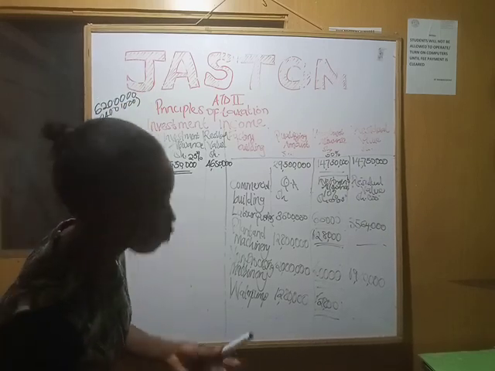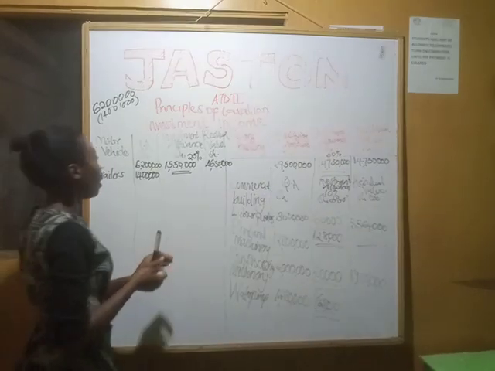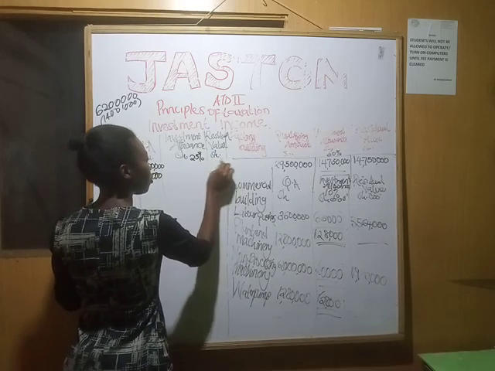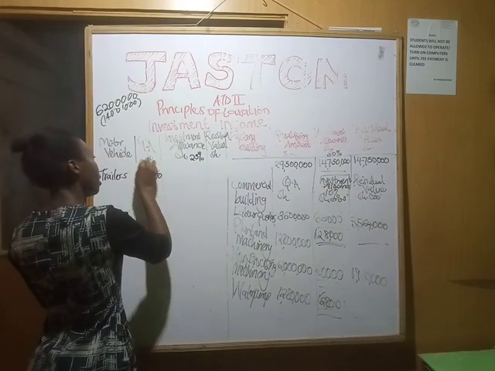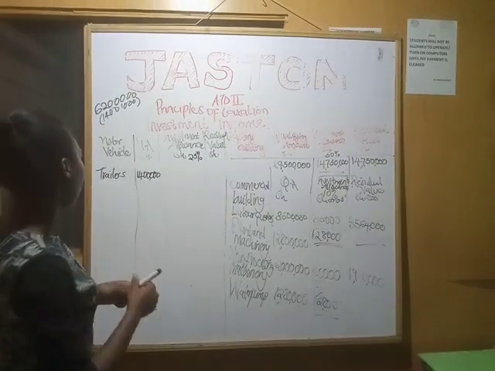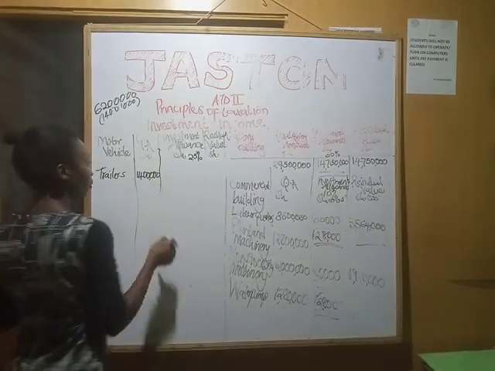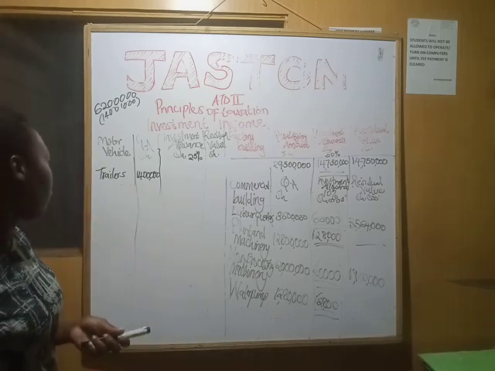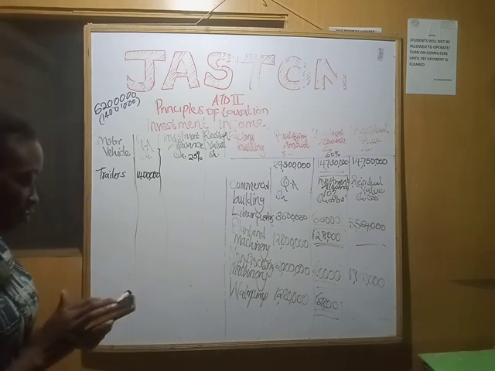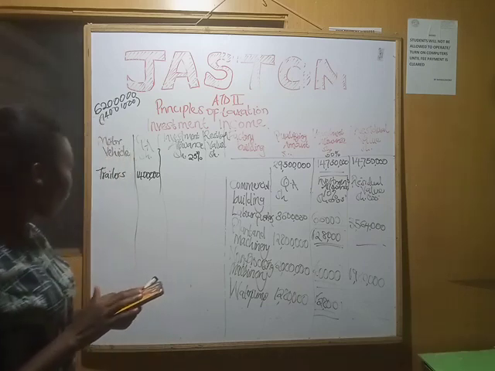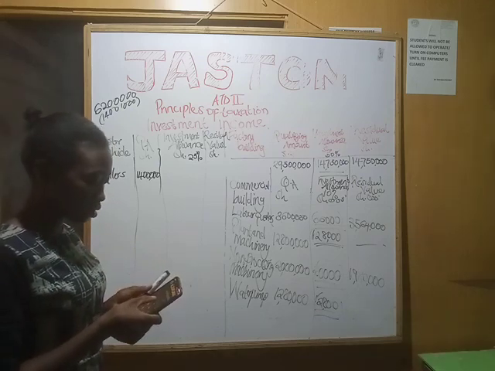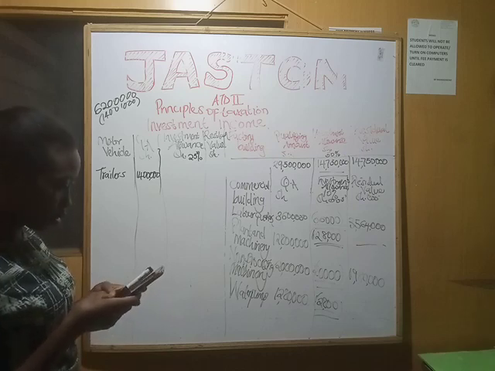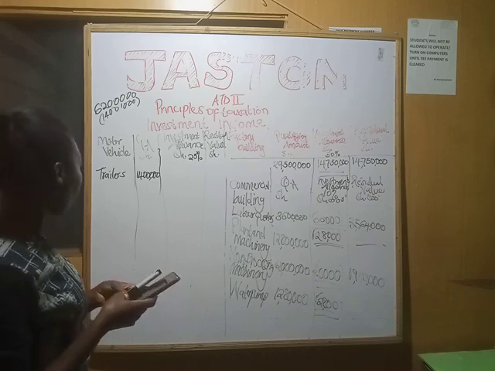So we will remove our motor vehicle. We will just start adding from the additional information. We will check the cost of trailers. We will have 25% of 1,400,000.